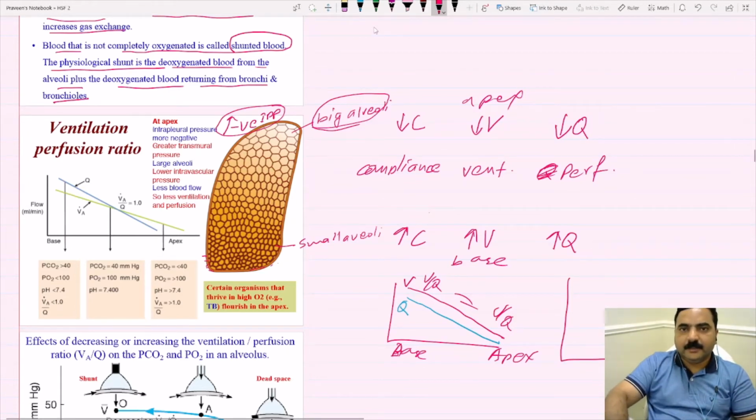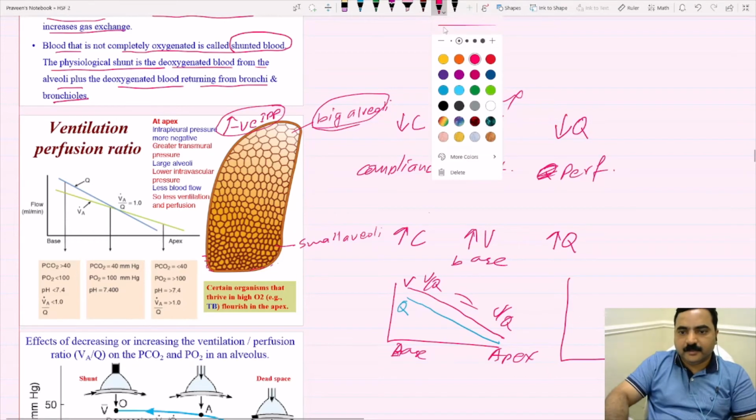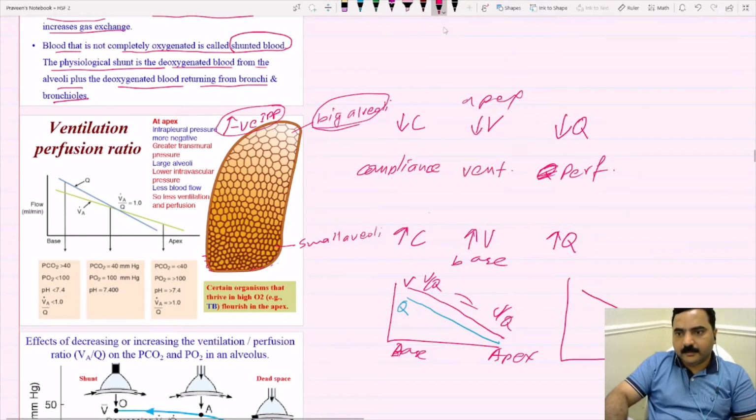This is the ventilation from the base to the apex: more ventilation here and less ventilation over here. And if I take the perfusion line, how does the perfusion go?